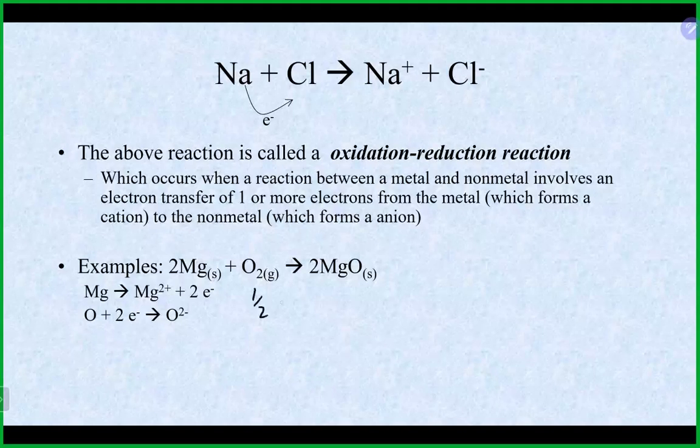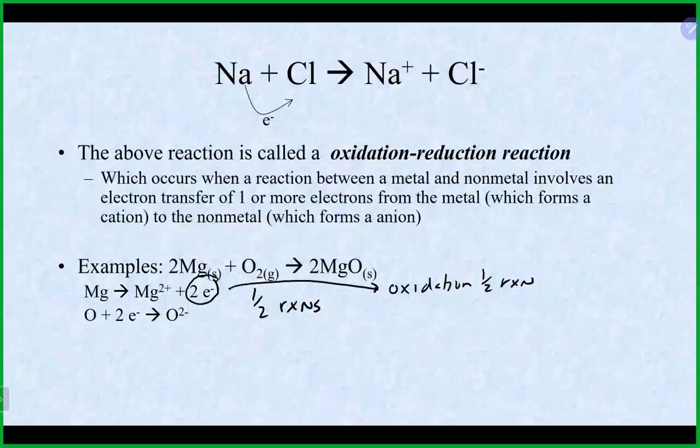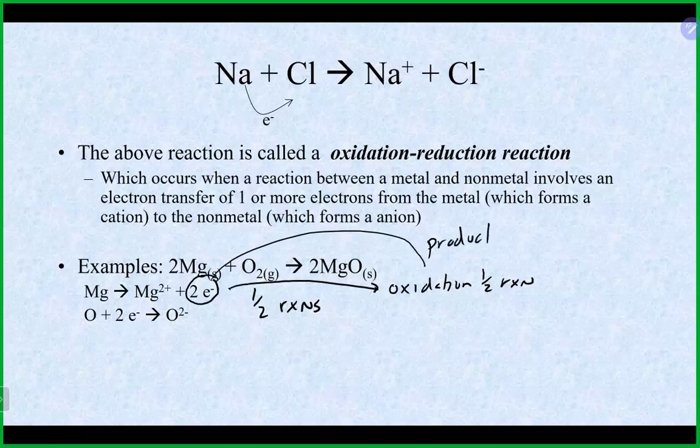One is an oxidation half reaction. And in an oxidation half reaction, the electrons are found on the product side, indicating that they're being lost or given off, basically.